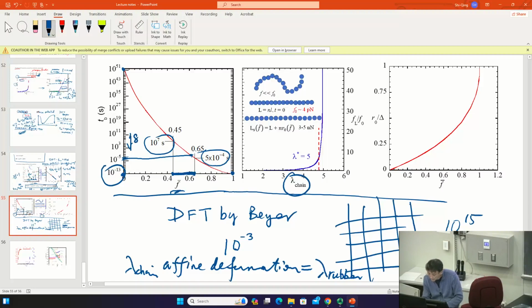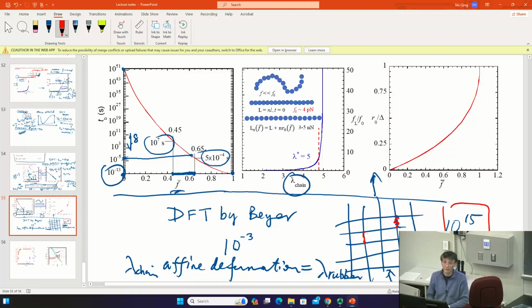In other words, some strands can be very short. So when I stretch in this direction, some strands can easily straighten. I know I draw them evenly, but they are not. And some are so long, it never gets straightened during the stretching of this 10 to the 15 molecules. Okay? It just never will happen.